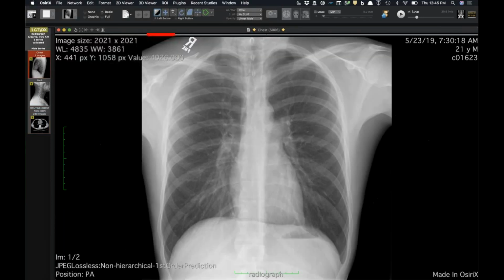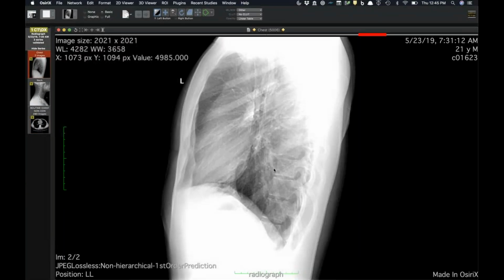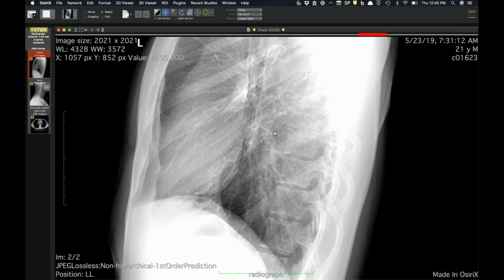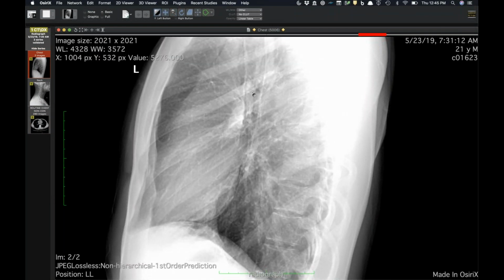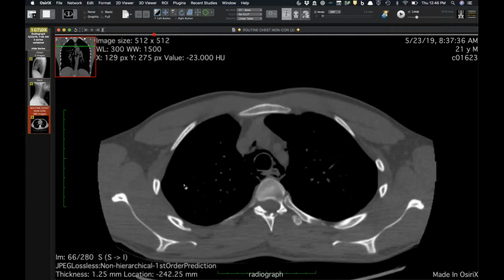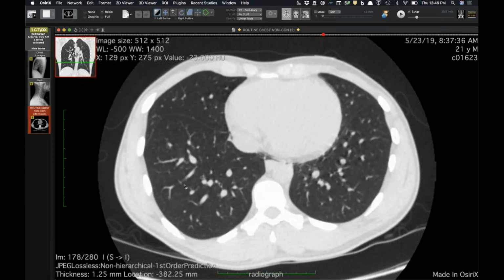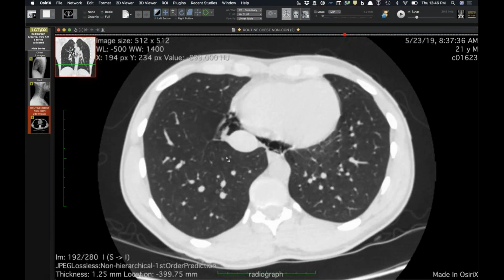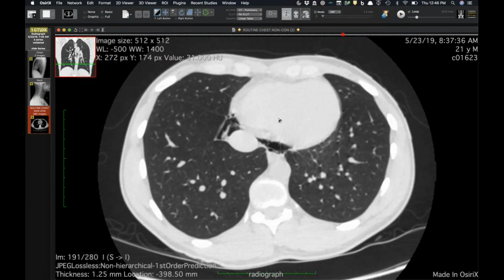And then air, what did you say, David? I thought there was air around the left pulmonary artery on the lateral. Yeah, right here. Uh-huh. Yeah, no ring around the artery sign, as I showed a couple weeks ago on the right pulmonary artery though. And so, you'll see this is just that air that's inferior to the heart. It's not in the pericardial space, it's in the mediastinum.